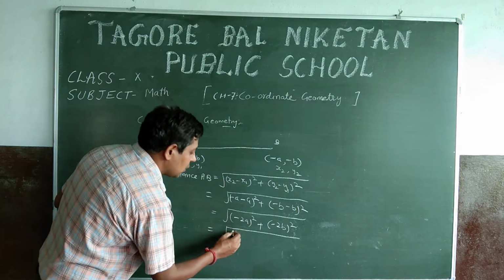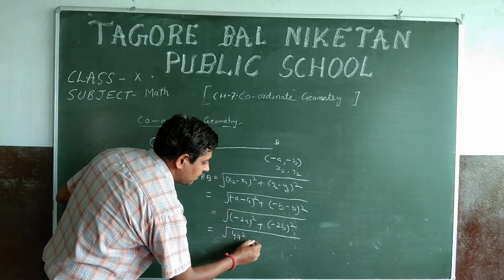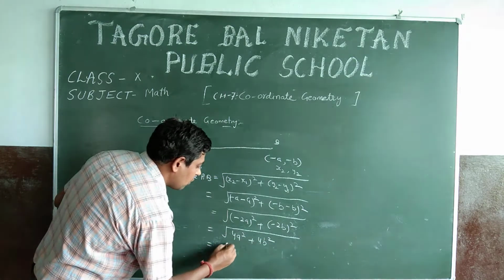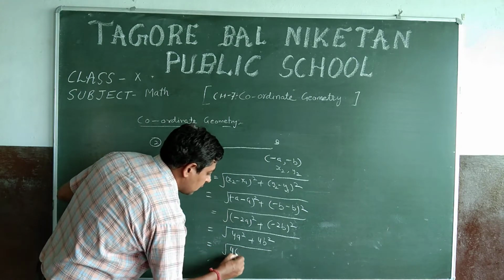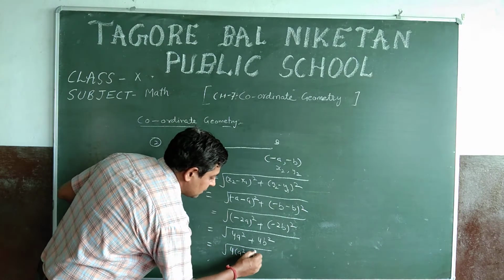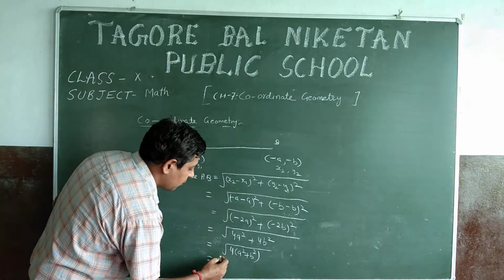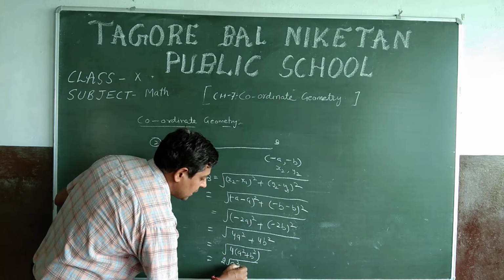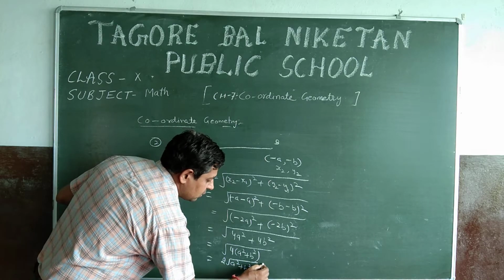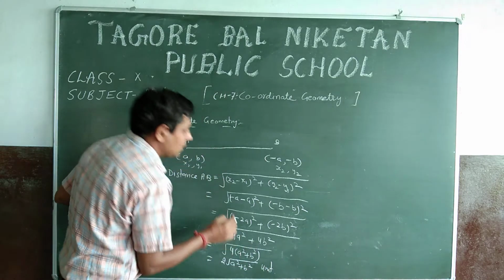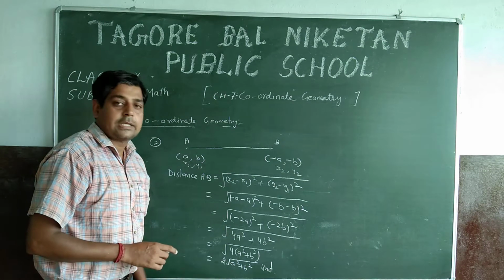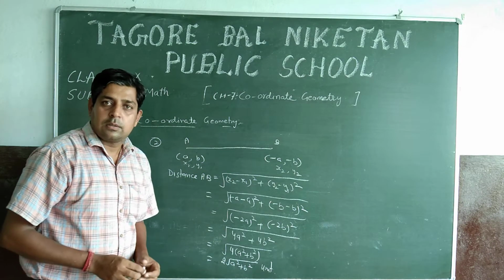So 2a whole square means 4a square plus 4b square. We can take 4 common, 4 times a square plus b square, and square root of 4 is 2. So the answer is 2 square root a square plus b square units. So the distance between these 2 points A and B is 2 root a square plus b square.